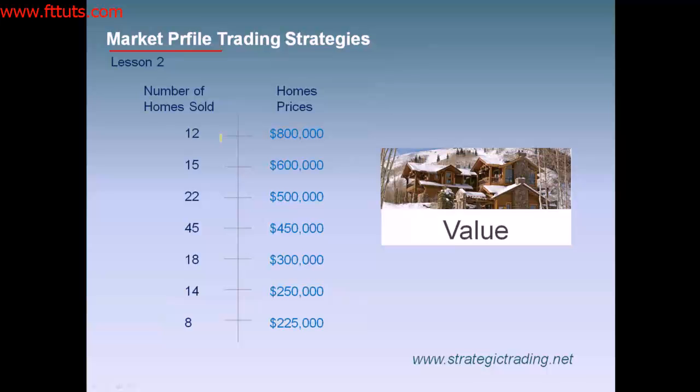In the market that we're looking at, 12 homes sold for $800,000, 15 at $600,000, 22 at $500,000, 45 at $450,000, 18 at $300,000, 14 at $250,000, and 8 at $225,000.